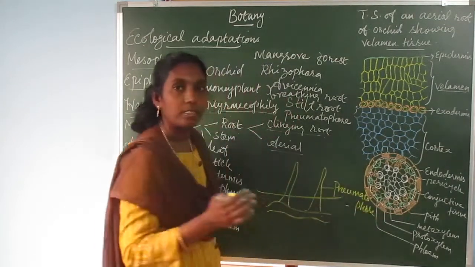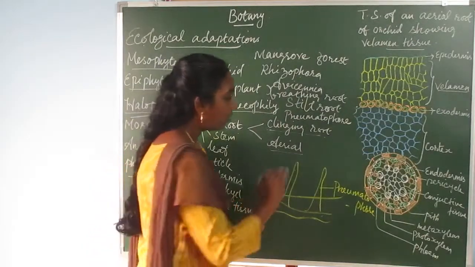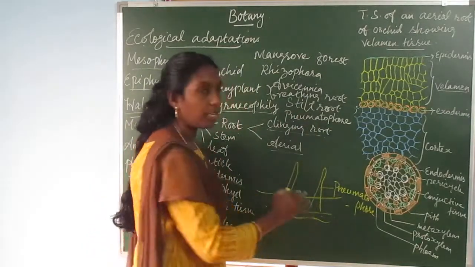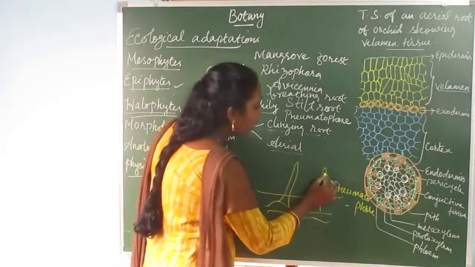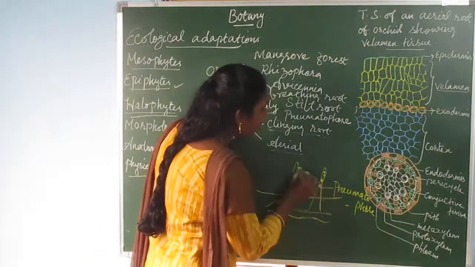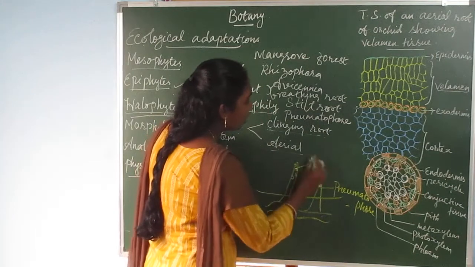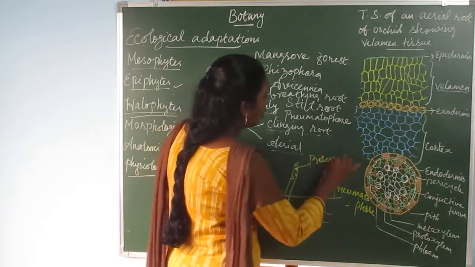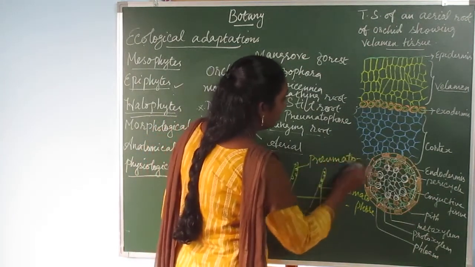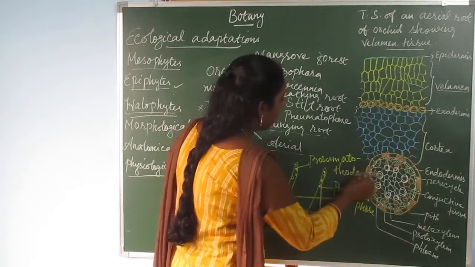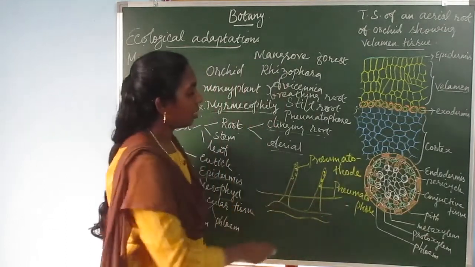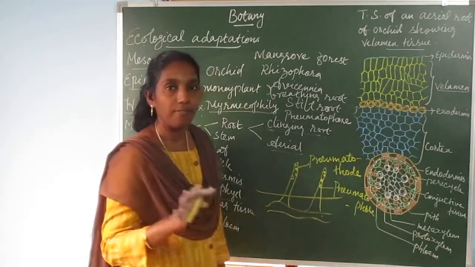They are a special kind of root which grows negatively geotropic and possesses pneumatodes. These pneumatodes are present in the pneumatophore.